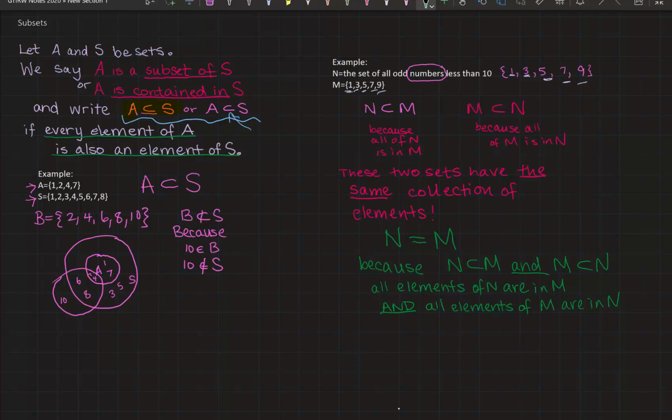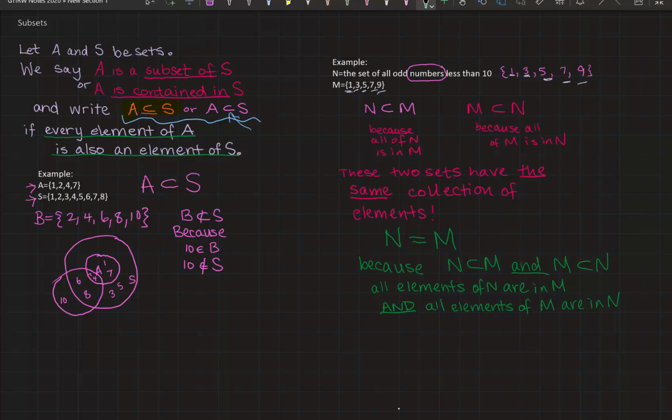You can say, I look at everything in my first set, and I ask, are those all in the second one? And then I ask the same question the other way. If I take anything in the second set, is it also in the first one? And that becomes a more convenient, more logically structured way, mathematically, of proving that two things are equal.